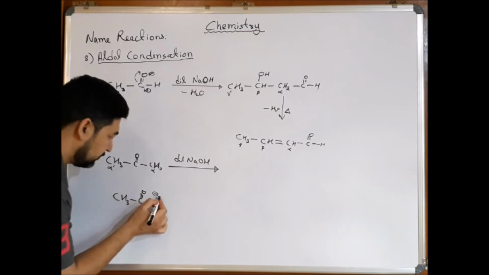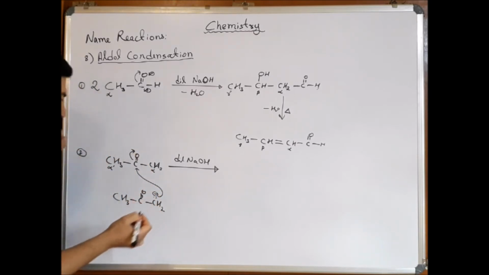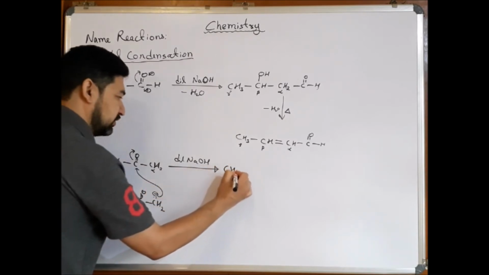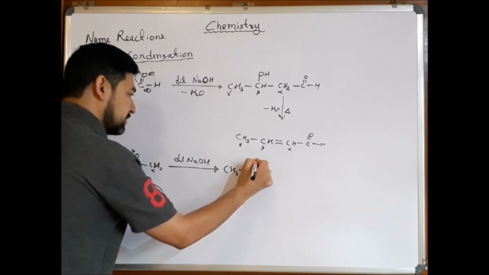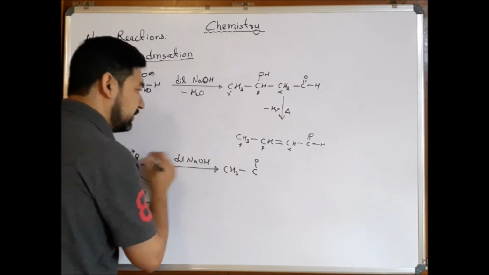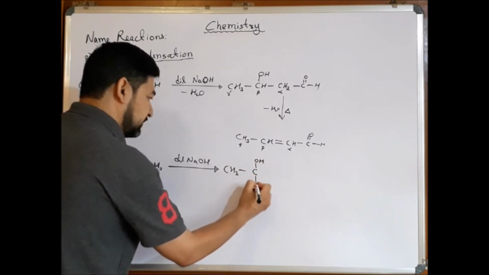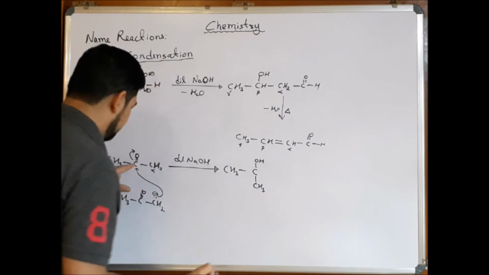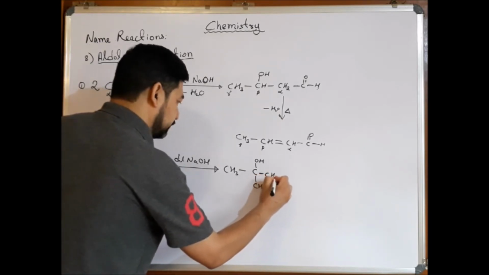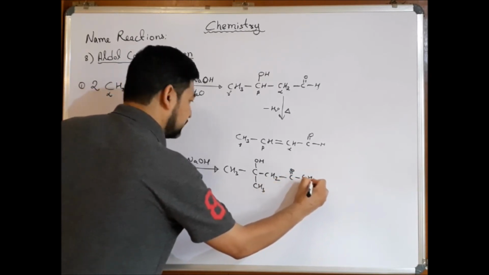Now this electron pair will attack the carbonyl carbon and this bond will go up. You start copying from this side: CH3 C single bond O. Again, whatever H it had taken comes back here, and CH3 is there, so I write CH3 down here. Now this is the bond, you copy it here: CH2 C double bond O CH3.